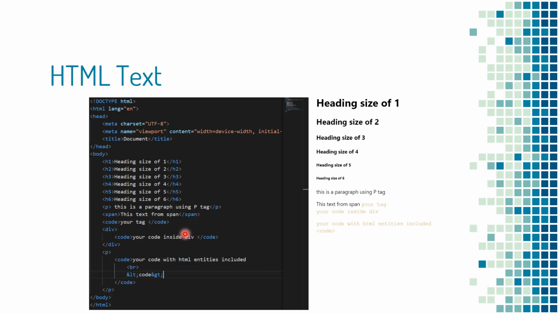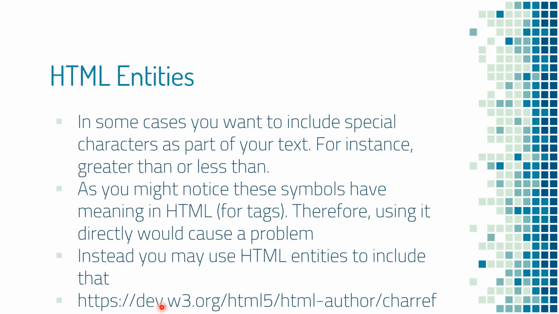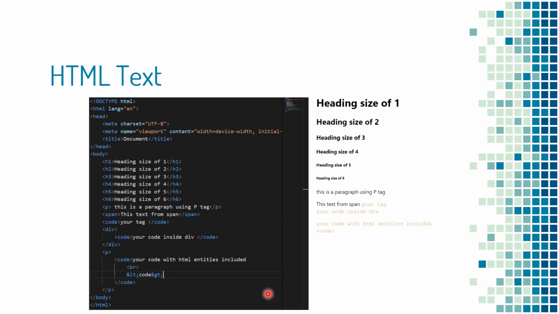Okay? And for HTML entities, as I said, there is a list of entities that you may see here. And if you visit this link, you can see a list of all the entities that you can write. But generally speaking, most of the time, you will have something like this.